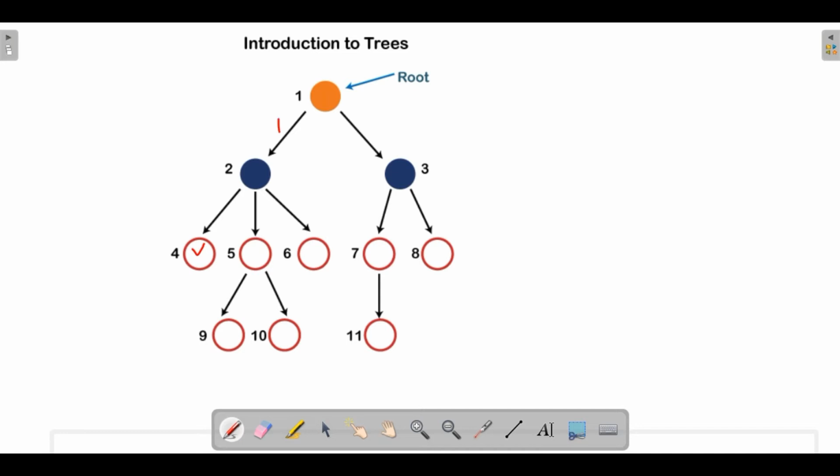So this is 1 and this is 2, so this is the depth. All the nodes of a tree are located at some levels of our data structure: the root is at level 0, this is at level 1, these are at level 2, and this is at level 3.